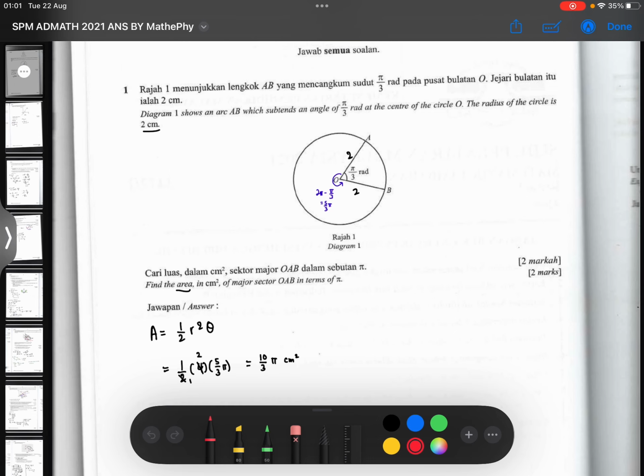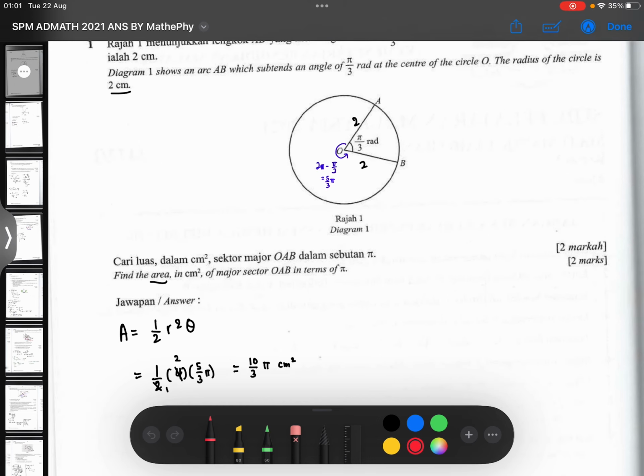Okay, so question 1 is asking for the area, the area of the major sector. Which means that you are focusing on this.